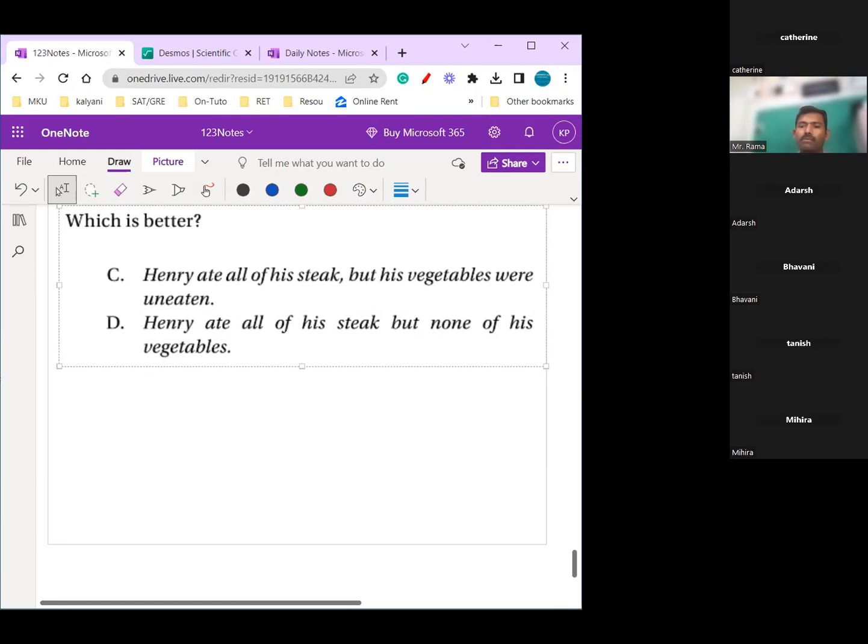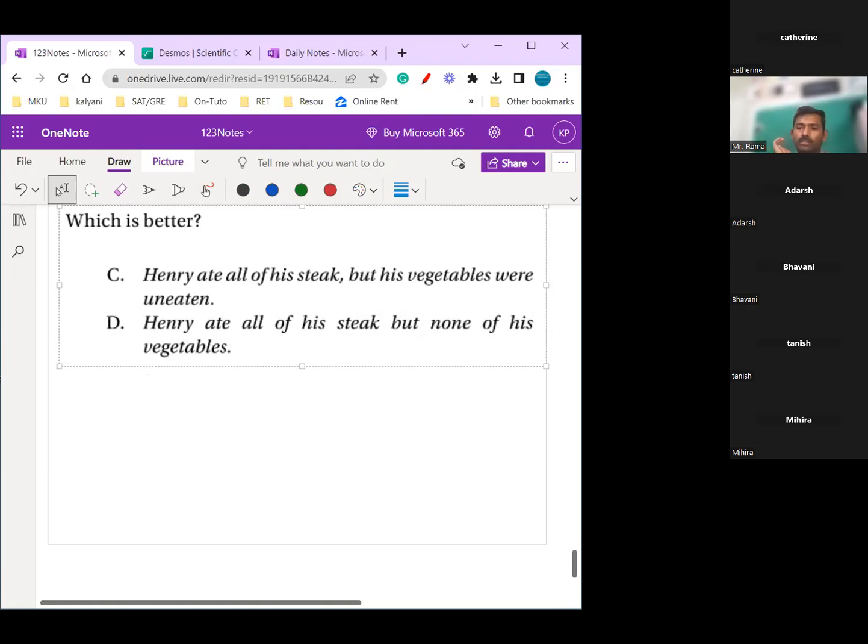So in sentence C, the first clause is active, but the second one is passive. This is not only a violation of the law of parallelism, but also a subtle evasion. Who failed to eat the vegetables?